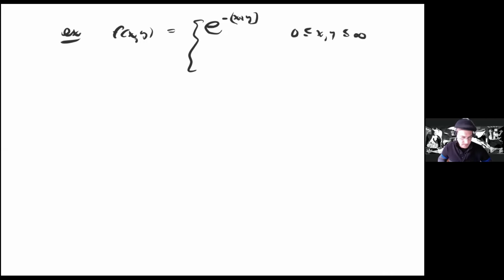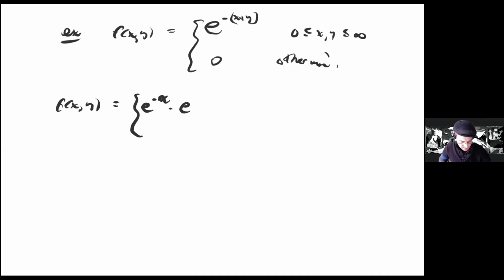That's the first quadrant, and 0 otherwise. Then f of xy is given by e to the minus x times e to the minus y for x and y between 0 and infinity, and 0 otherwise.